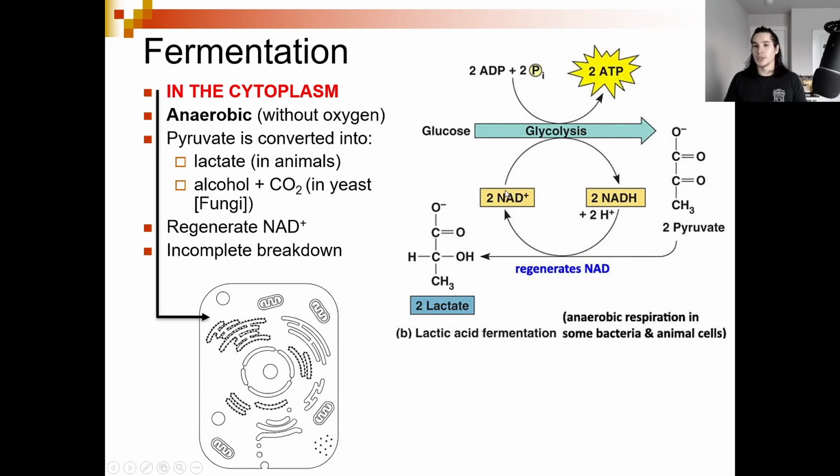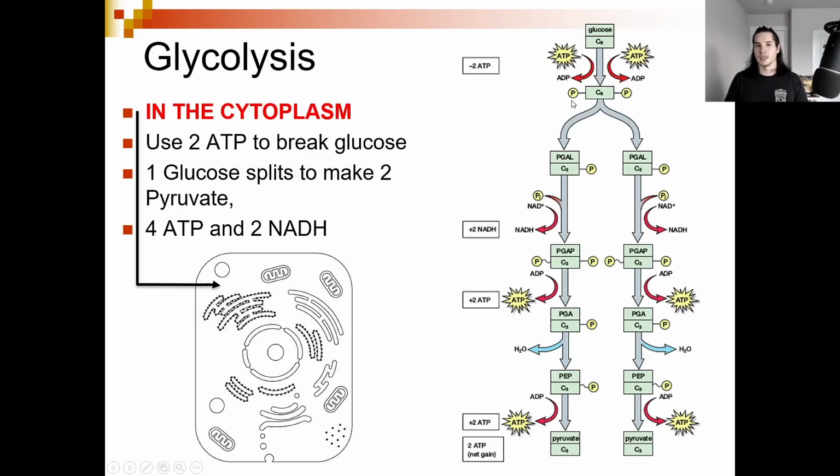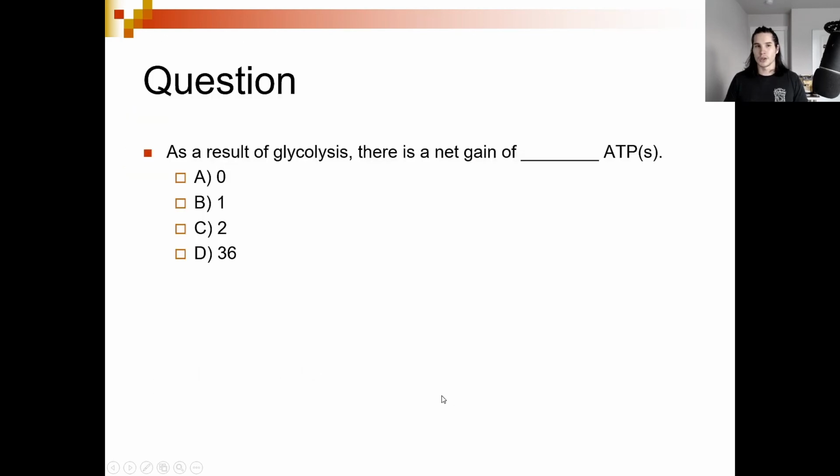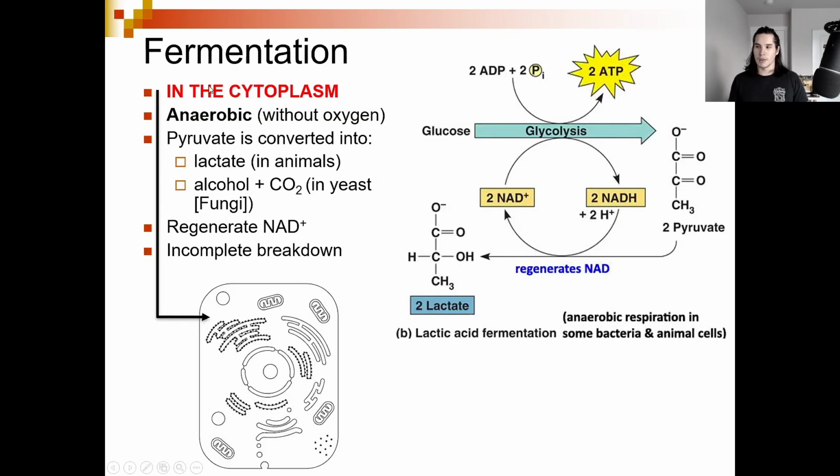But what you do here is you use these 2 NAD+ to feed back into glycolysis, yielding you 2 net ATP. So fermentation actually doesn't make any energy on its own. What it does is it potentiates glycolysis to make 2 more ATP. So a lot less efficient than aerobic respiration.